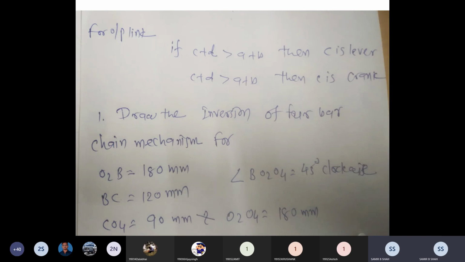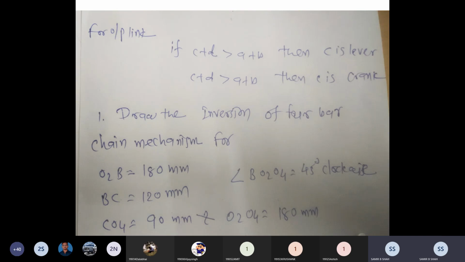That is for the input link. Same way for the output link: if C plus D, the remaining two links, is higher than A plus B, then C is lever, and there is one mistake. If C plus D is less than A plus B, you have to mention less than, then C is crank.